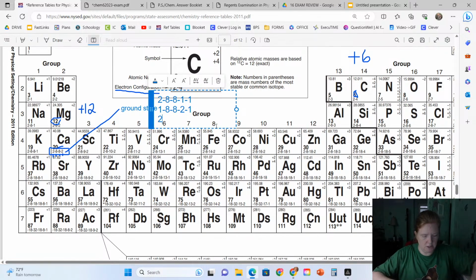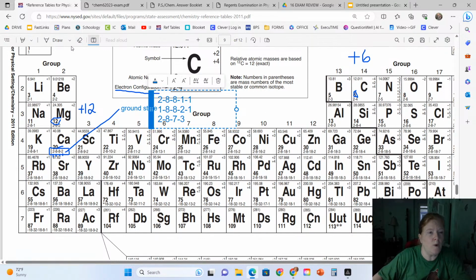I could even do this, 2, 8, 7, 3. That's still excited state because that one electron is up higher than it is supposed to be. Okay, so I know what element it is because I know how many electrons it has. I can just add up those numbers. And then I know it's excited state because it doesn't match the periodic table.